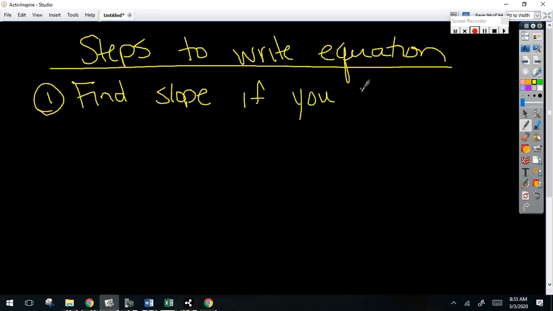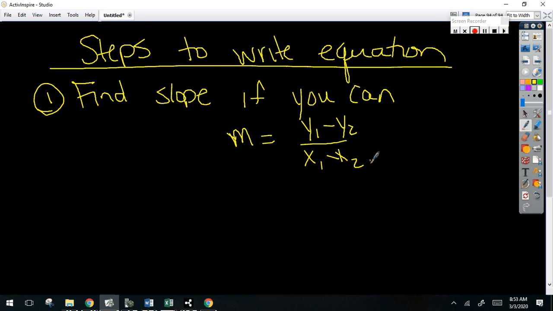It may be given to you. You may have to calculate it. Okay, you may have 2 points. But remember to find slope, if it's not given, it's y1 minus y2 over x1 minus x2.